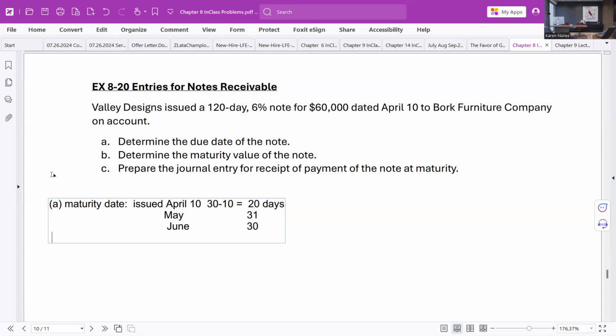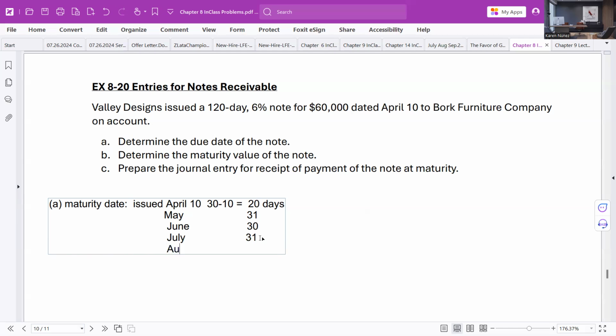And then July, which is 31 days. How many do we have so far? It's a 120-day note, and we've got 20 plus 31 plus 30 plus 31. That's 112, and we need 120. So 120 minus 112, we need another 8 days in August.